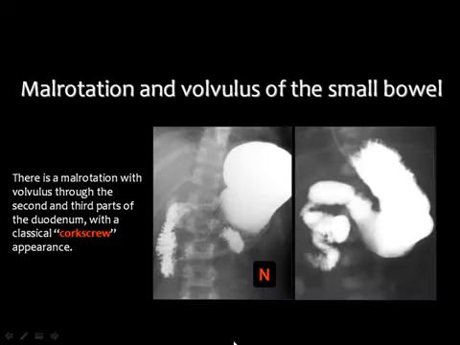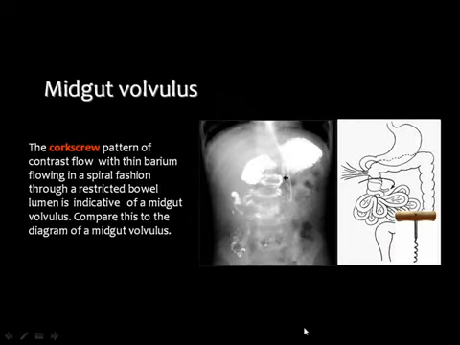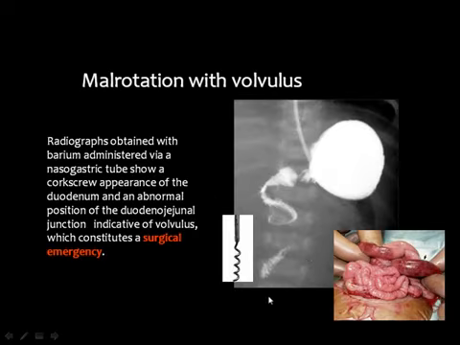Then the malrotation may be associated with small bowel volvulus, which is considered one of the surgical emergencies. And here you can see that the duodenum and the jejunum are to the right side of the stomach, and the diagnosis of volvulus can be reached by the corkscrew appearance of the proximal jejunal loops, as you can see in this particular example.